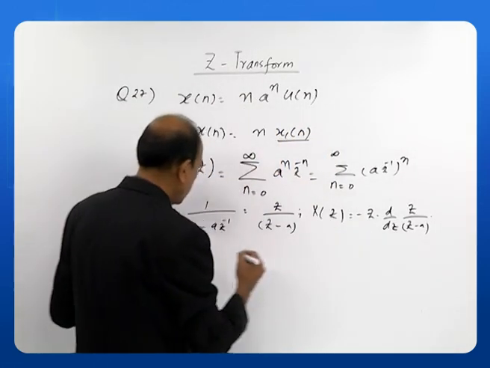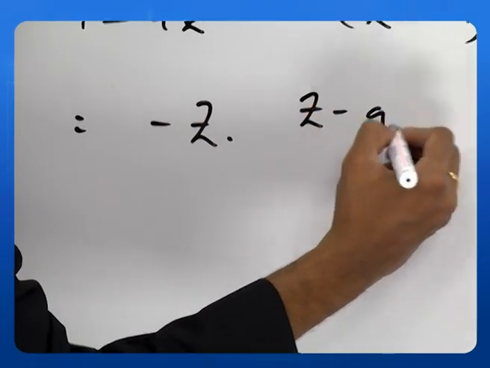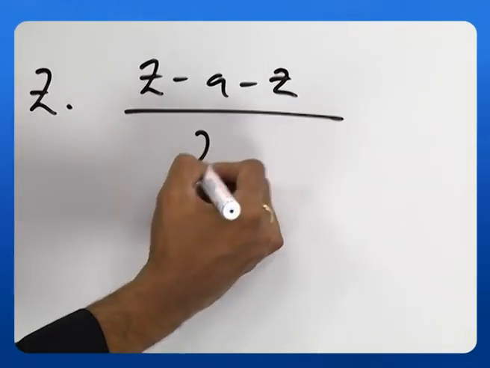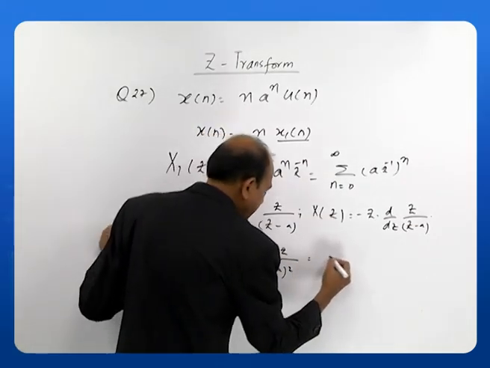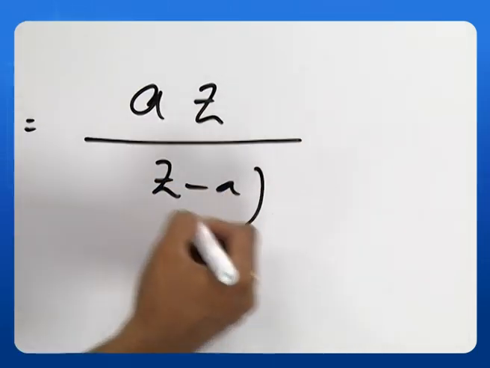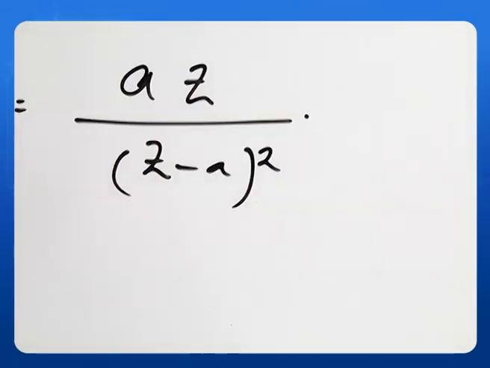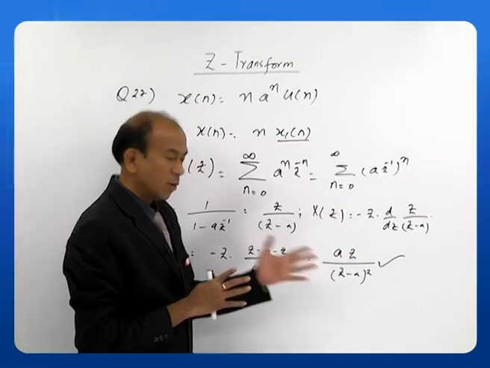Okay, so that we can do here. So that will be equal to minus z into z minus a minus z, by z minus a whole square. So this will be equal to az by z minus a whole square. So this is my answer, az by z minus a whole square.